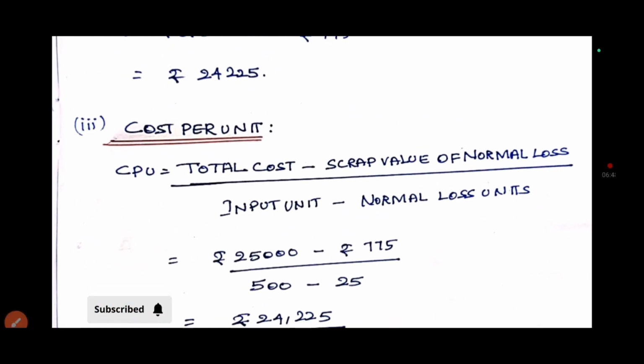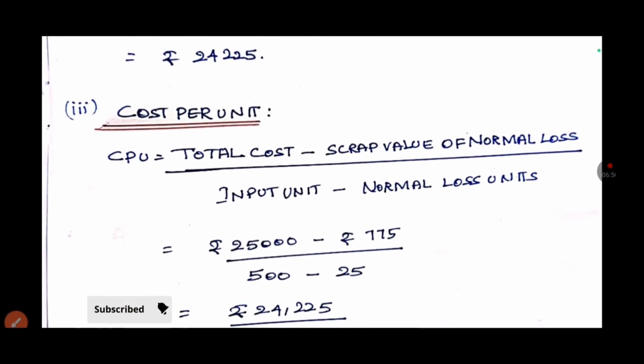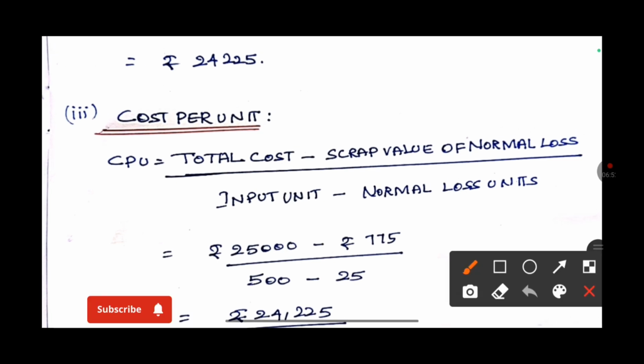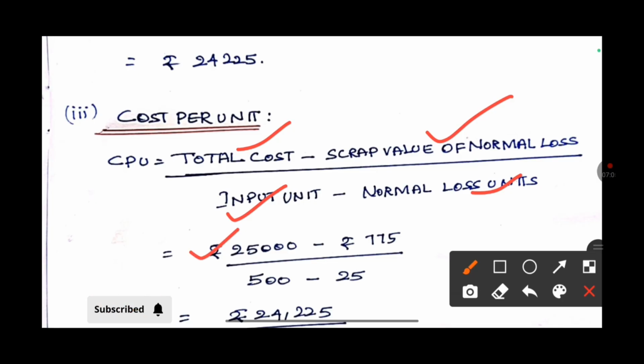Listen, the format is total cost minus scrap value of normal loss divided by total input minus normal loss of units. How much total cost we get? 25,000 rupees minus scrap value of normal loss 775, divided by the total input 500 units minus normal loss 25 units, right?